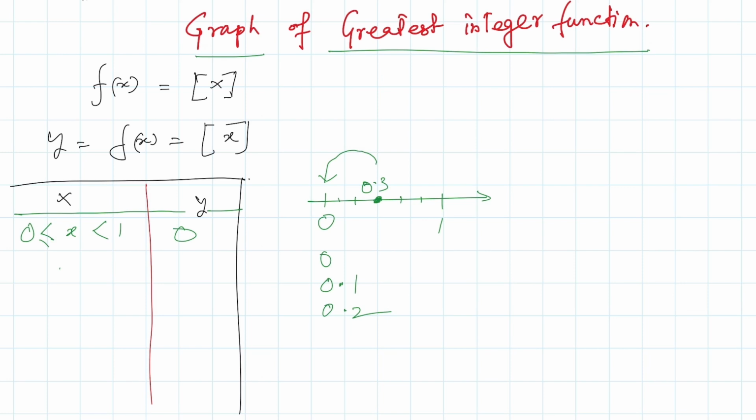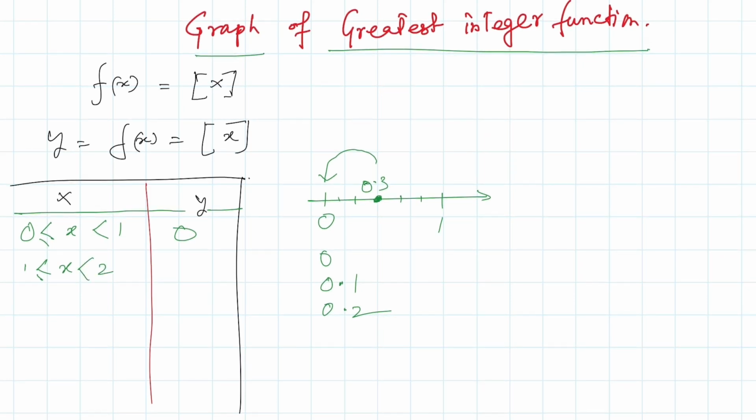Similarly, if x is greater than or equal to 1 and less than 2, then y will be equal to 1. If x is greater than or equal to 2 and less than 3, then y is equal to 2. If x is greater than or equal to minus 1 and less than 0, then y must be minus 1. Similarly, if x is greater than or equal to minus 2 and less than minus 1, then y is minus 2.